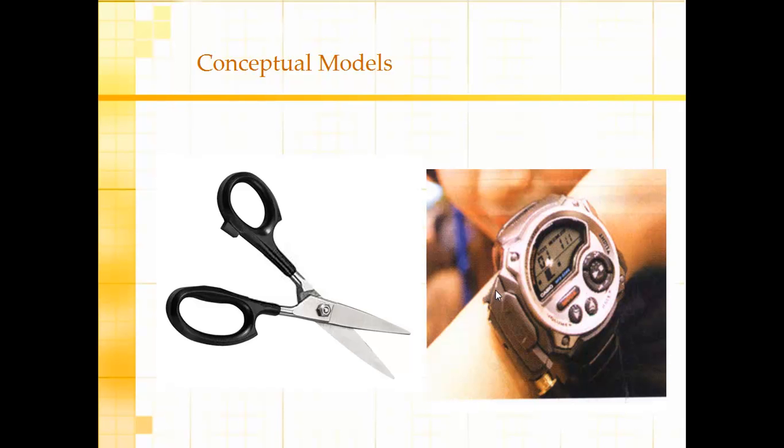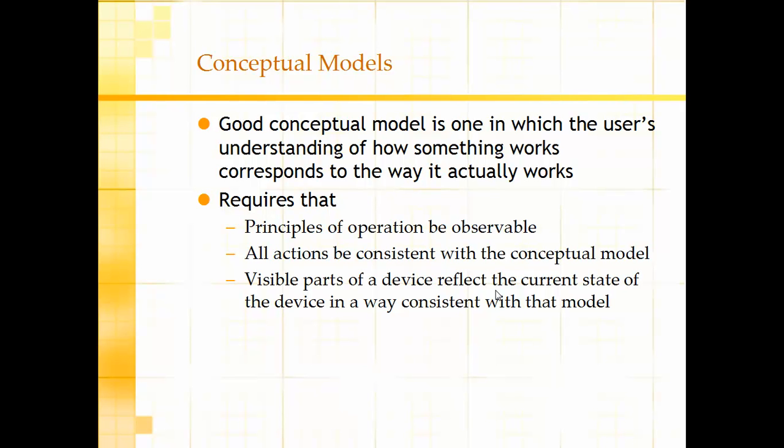Sometimes the conceptual model of a thing is very simple, but if you take a look at a digital watch which has multiple functionalities, it is difficult for people to explain how a digital watch functions and shows time. So what is required is a good conceptual model.